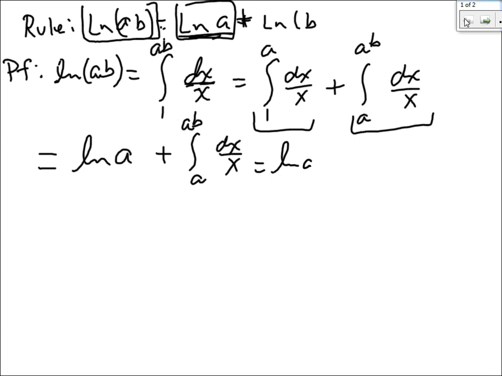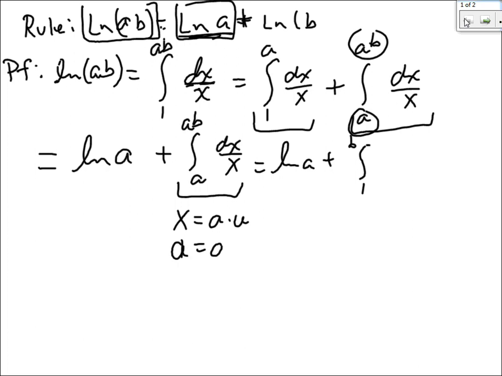So ln of A plus another integral. Now with this integral, I would love to have 1 to B as the limits of integration. What I'm going to do is let x equal a times u. That way, x goes from a to ab.